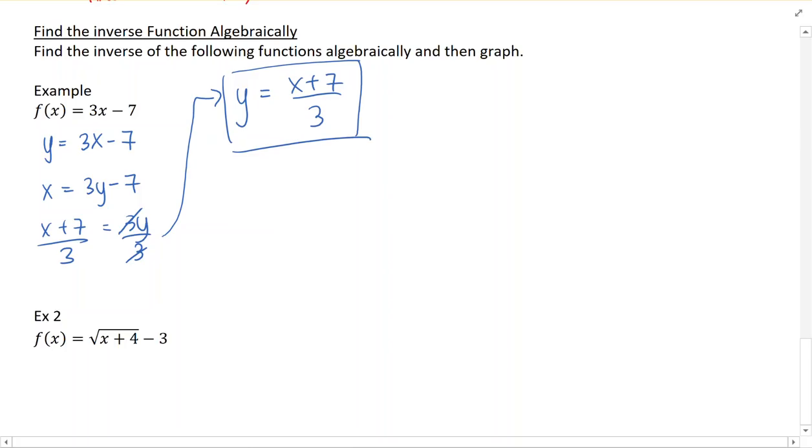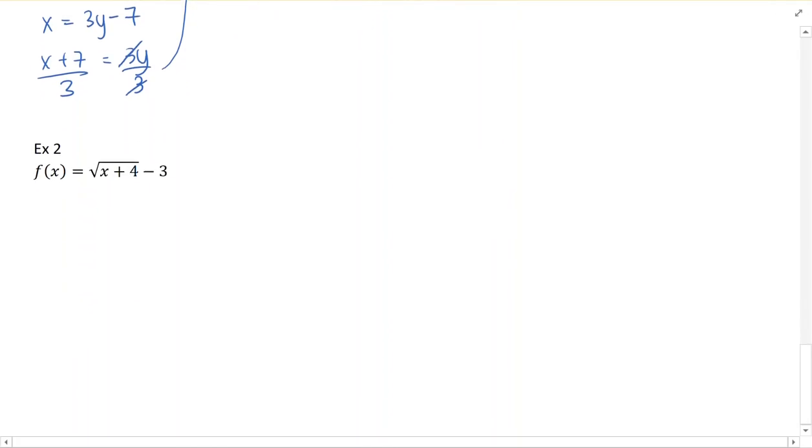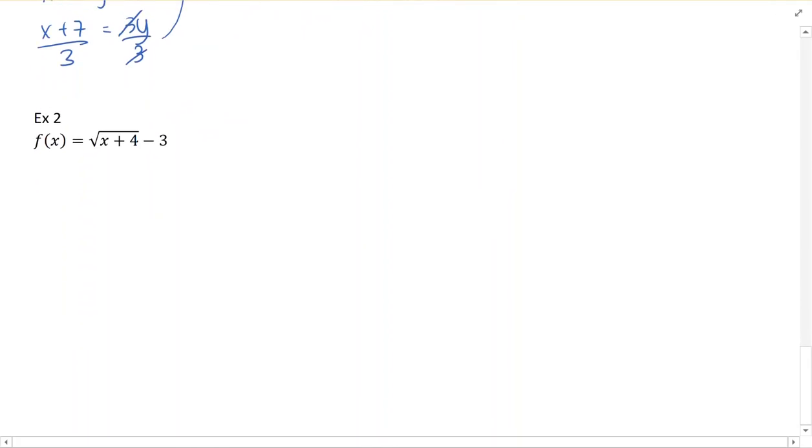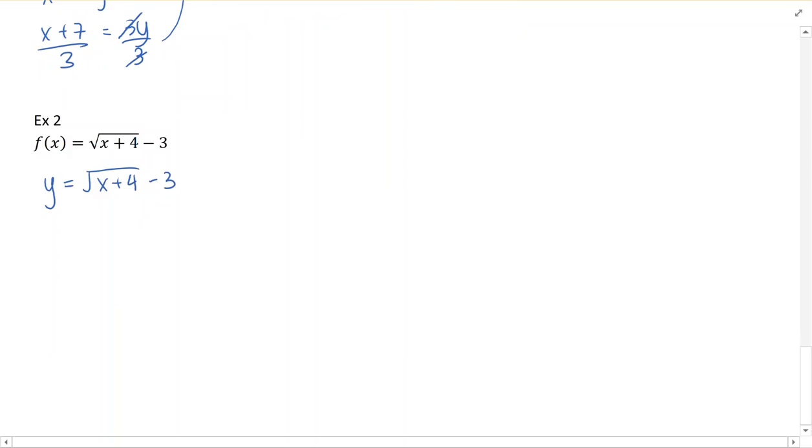All right, looking at our second example. Same thing. Change the f of x to a y, and then we write our function. Now we need to flip the x and the y. So what was x is now y, and what was y is now x.